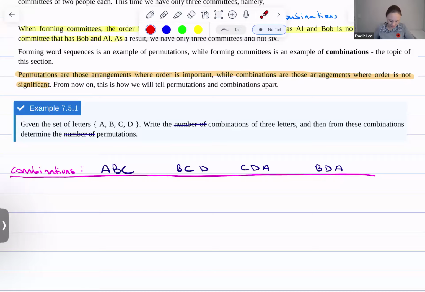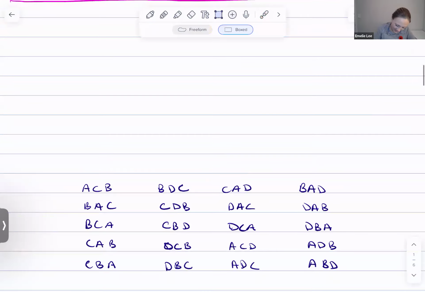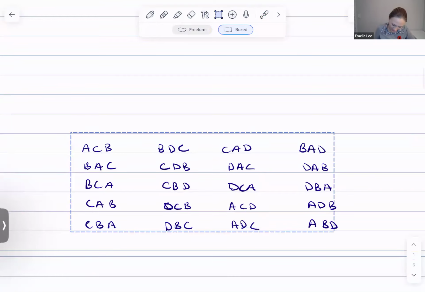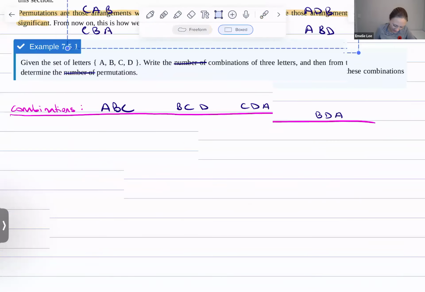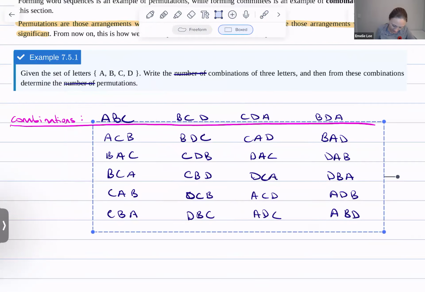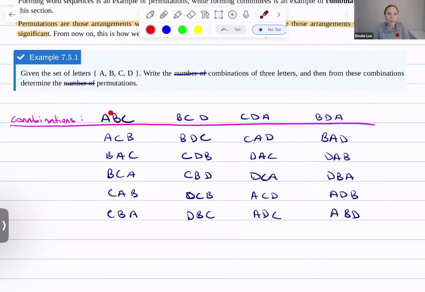I'm not going to do it because I've already done it here, but let's talk about them. So from ABC, I can create ACB, BAC, BCA, CAB, CBA, and so on and so forth. So from each of these 4 combinations, each combination yields 6 permutations.